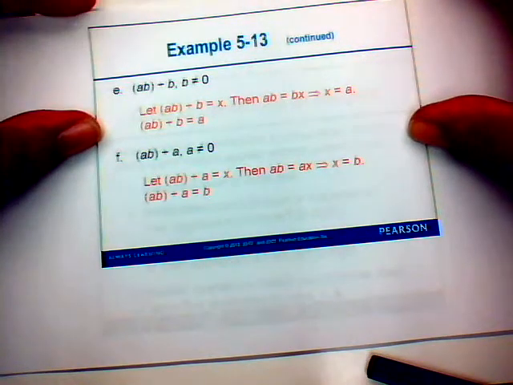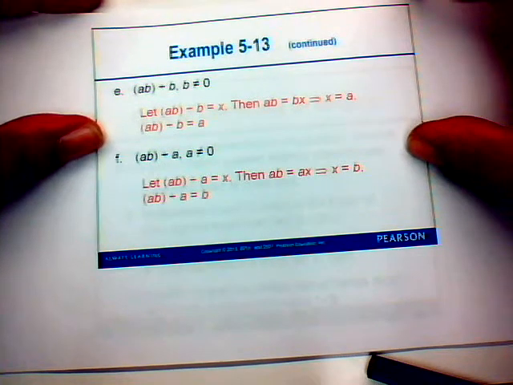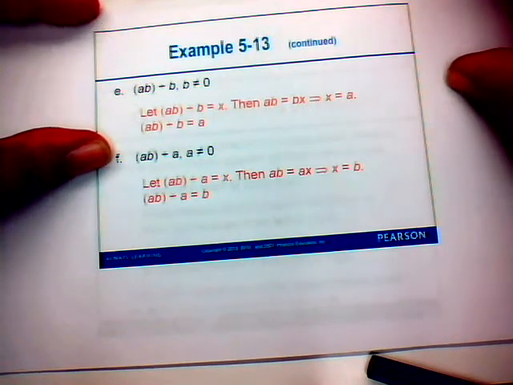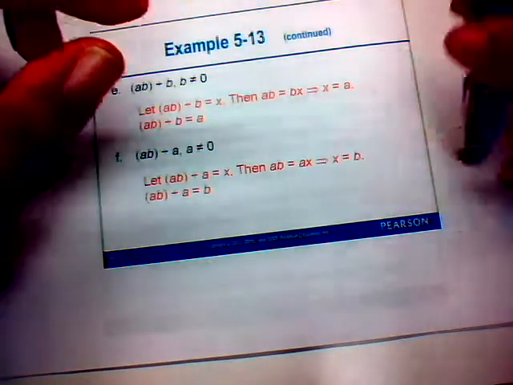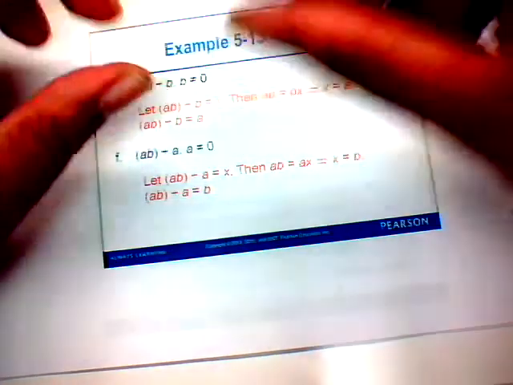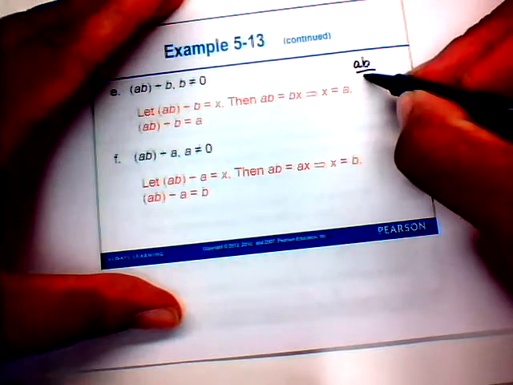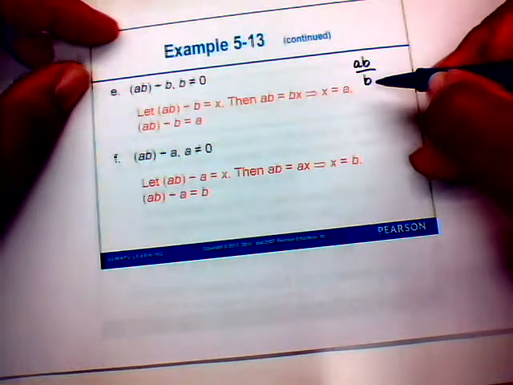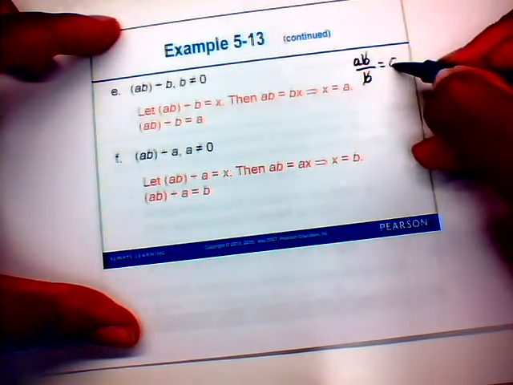AB divided by B if B is not equal to 0. Okay, well that's simply just going to be A, and another way you could write this is AB over B. And you can see here the B's divide out.